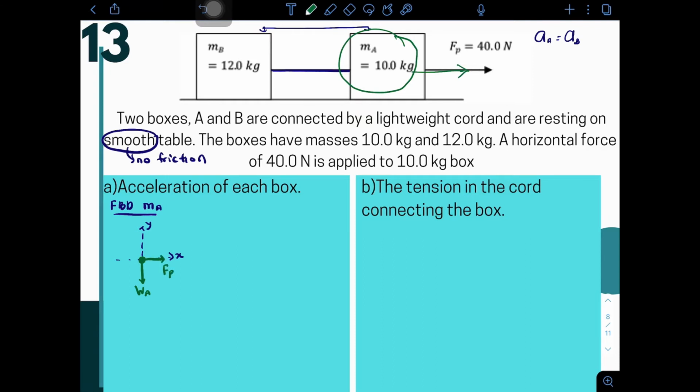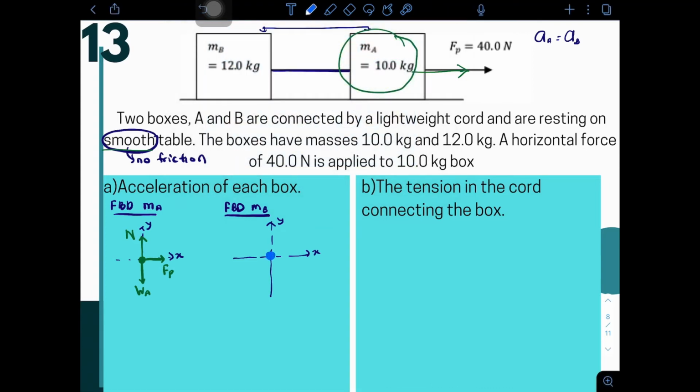So this is FP, and it rests on the table, so we have normal. Smooth table, so no friction. Next, for the FBD of mass B, x-axis, y-axis, and we draw the object.